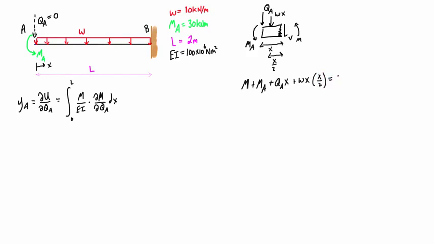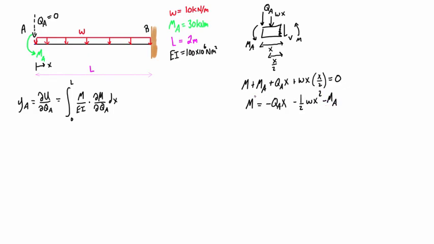And this has to be equal to 0 for the sum of moments. What we do is we move everything over to the other side, so we get this expression where we have M is equal to, what do we have? We have negative QA x minus 1/2 Wx squared minus Ma.